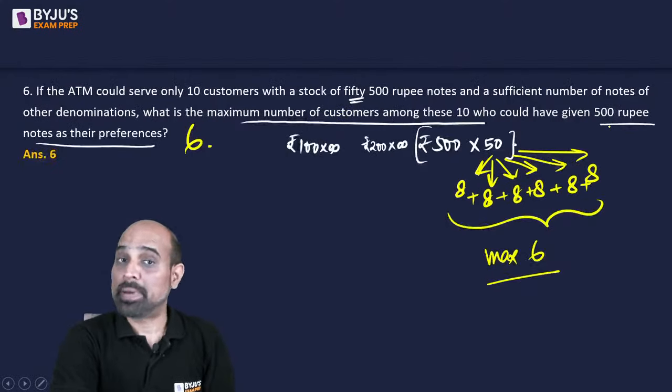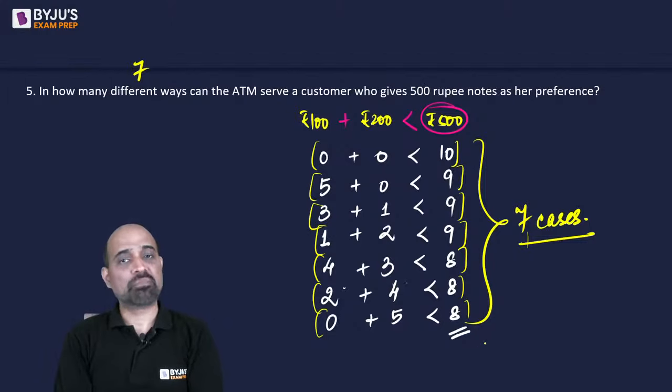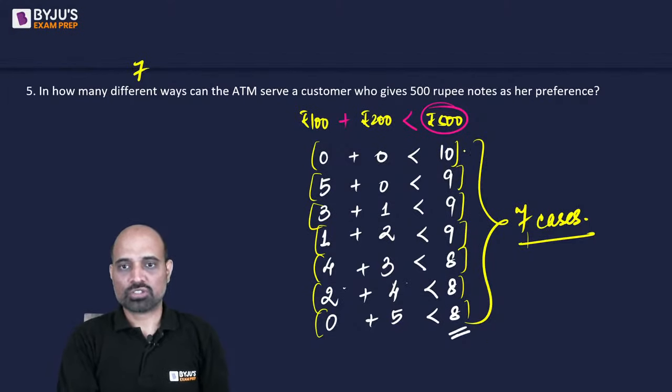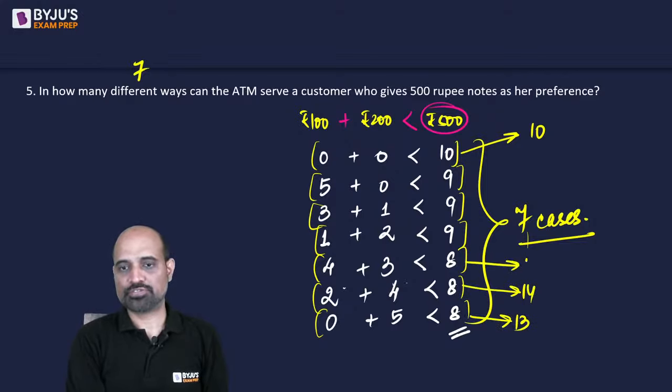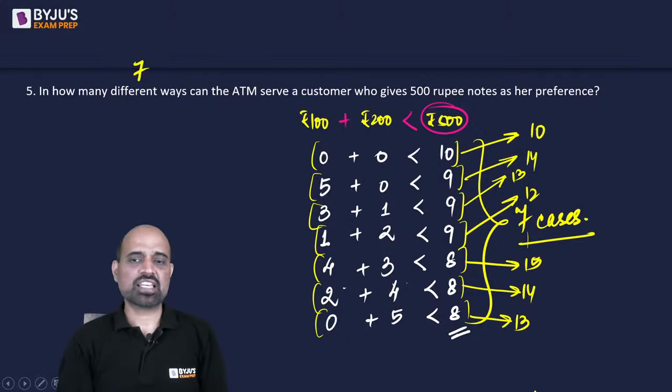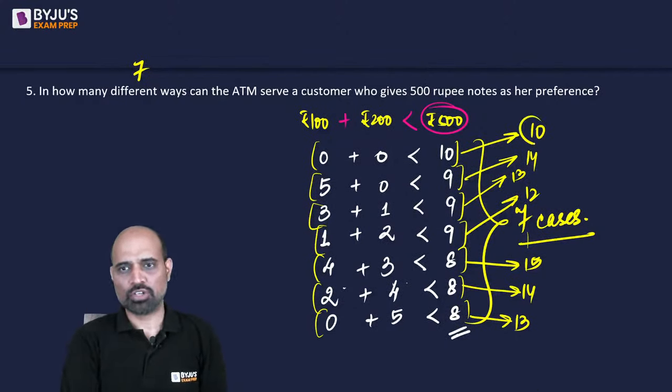So let's go to the first question that we solved. If I want the minimum number of notes, this is 10 notes, this is 13, this is 14 notes, this is 15 notes, this is 12 notes, this is 13 notes, this is 14 notes. Can I say that in 500 rupee preference, the minimum number of notes dispensed will be 10, it cannot be less than that?